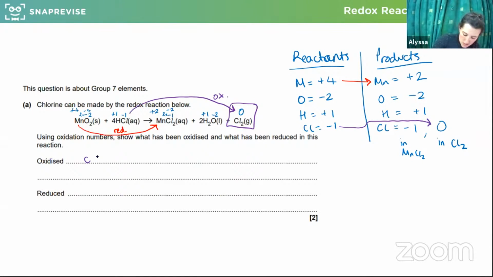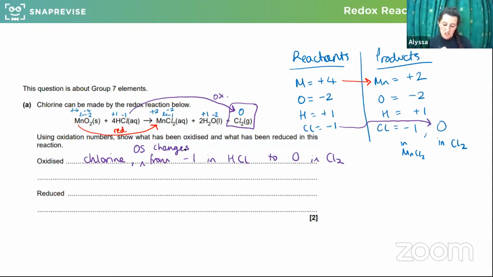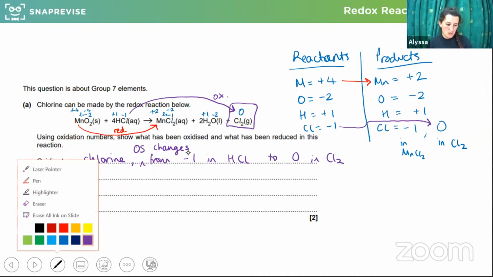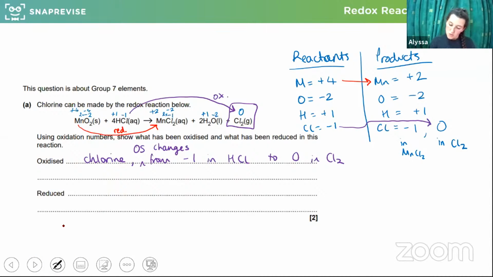So oxidized is therefore our chlorine. Actually, I put oxidation state. So its oxidation state changes from -1 in HCl to 0 in Cl2. What was reduced? The manganese.